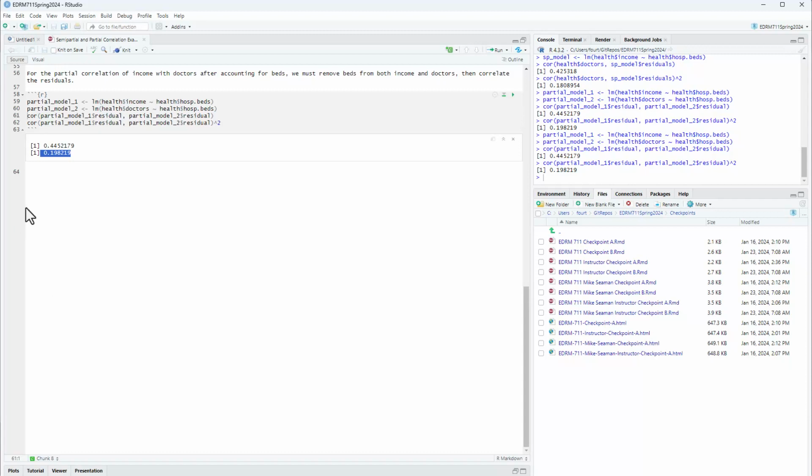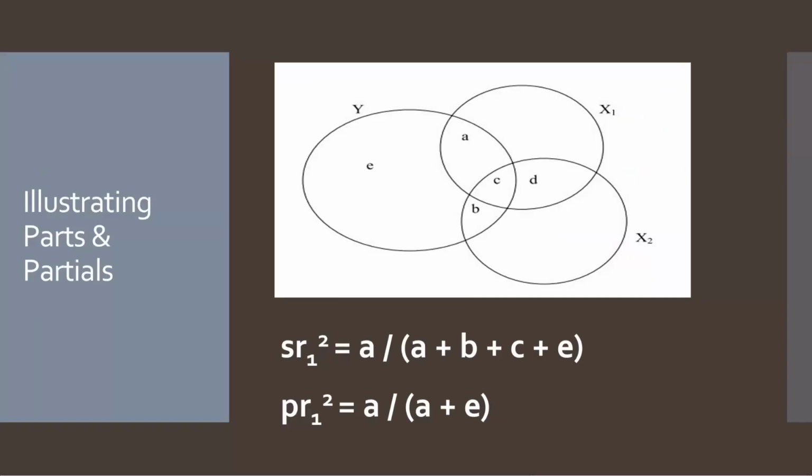Let's look at our Venn diagram again to see this as a picture. So remember, for semi-partial, we looked at this unique portion of x1 being correlated or associated with the variation in y. That unique portion is labeled as A. And we looked at that in a ratio with the total variation of y.